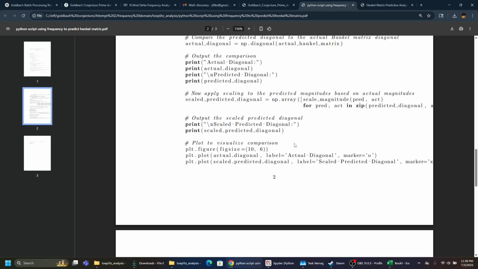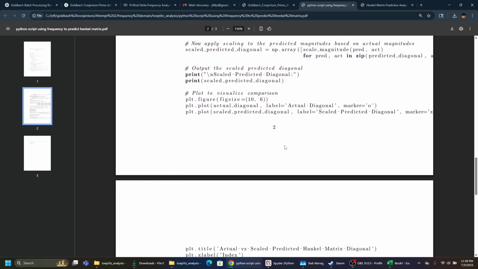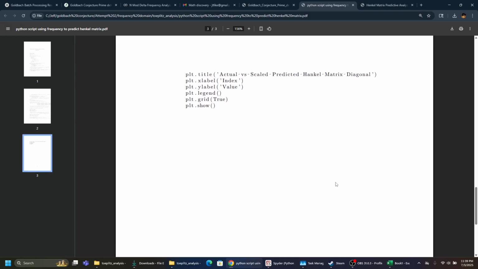When I say we, it's just me, I was able to reverse engineer that diagonal to the 2 primes that are used to make up that diagonal. Since it's a symmetrical matrix, there's properties that allow you to do that.